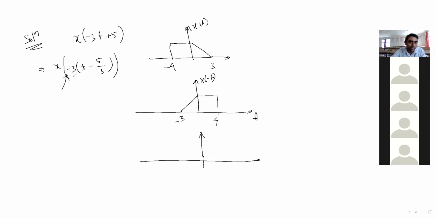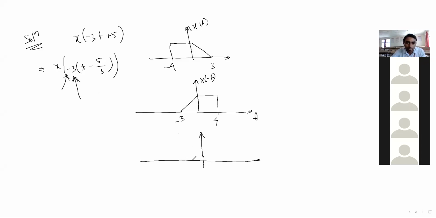Next is time scaling. Time scaling means the signal may be compressed or expanded. Here 3 is given, which is greater than 1. When it is greater than 1, the signal will be compressed. Compressed means we have to divide the range by 3.